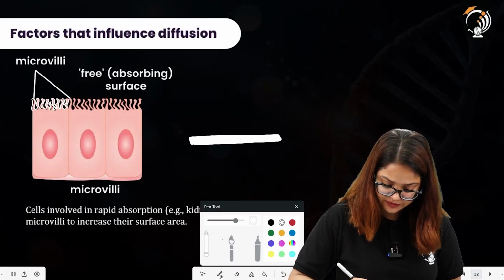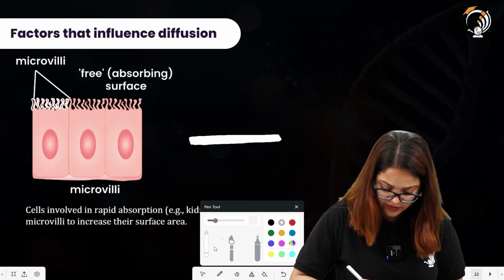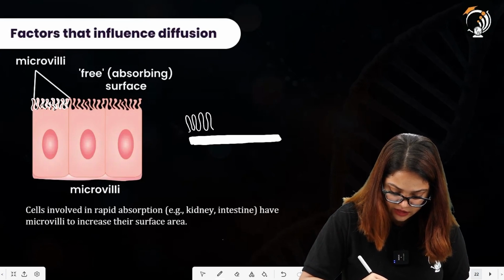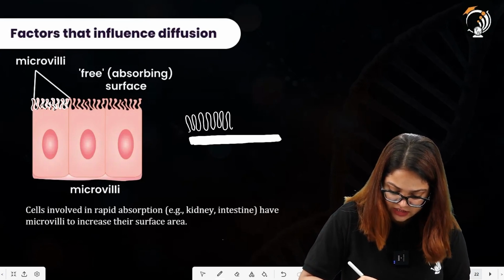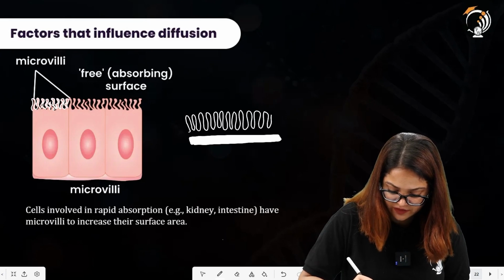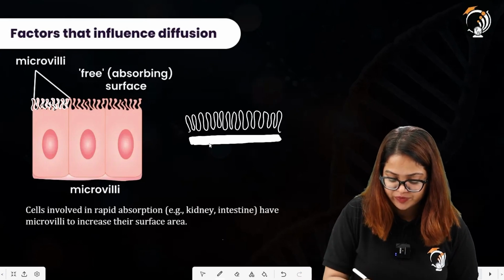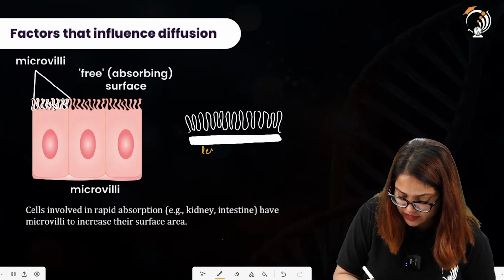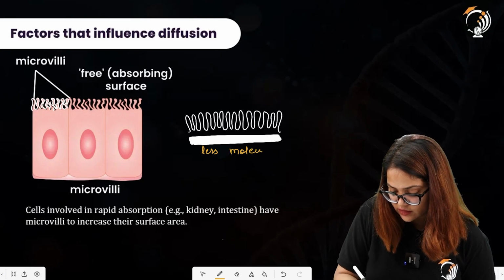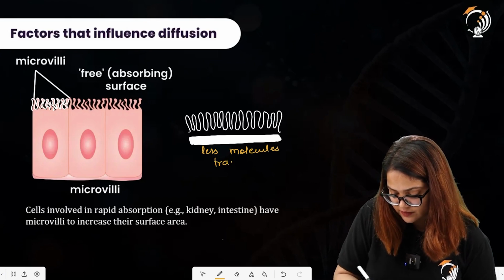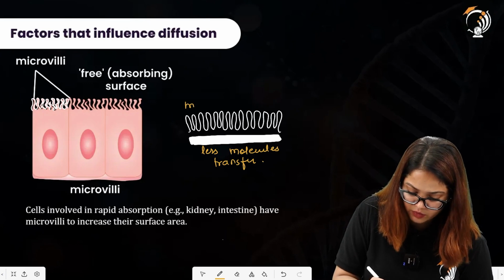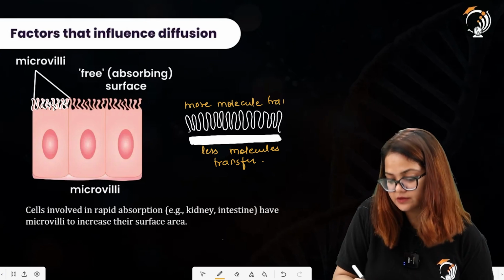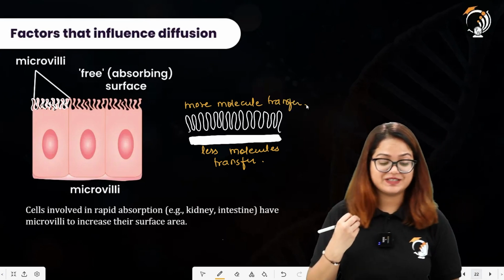These are the microvilli. Here there is a very large increase in surface area due to the presence of microvilli. Without microvilli, less molecule transfer; with microvilli, more molecule transfer. I hope this is clear.